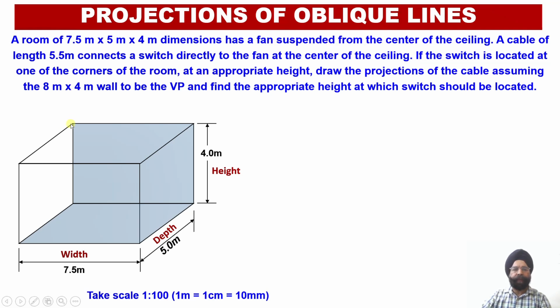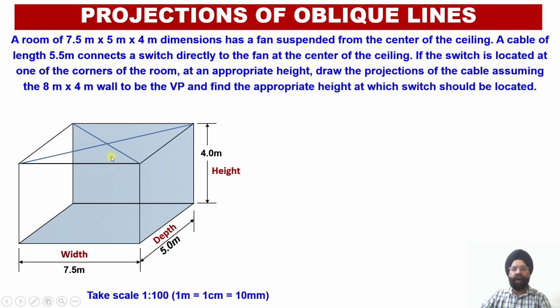In order to obtain the center of the ceiling, we need to join the two diagonals of the ceiling over here. So this will be the point from where our fan will be suspended from the top of the ceiling. So this is the ceiling of the room, this is the floor of the room, and these are the four walls of the room.